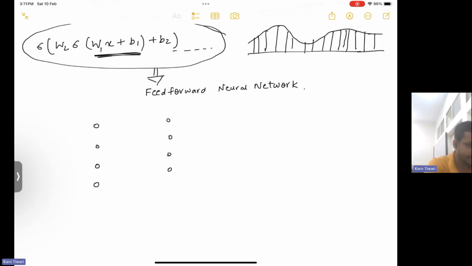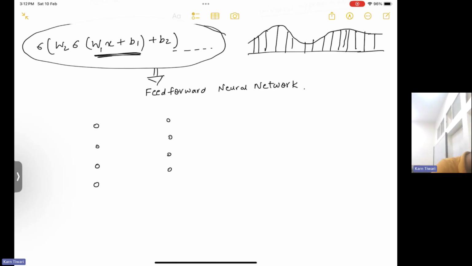We are performing some operation, that is a matrix multiplication. What does matrix multiplication basically do? It can decrease the dimension, it can increase the dimension, or it can mutate our vector, enlarge our vector, or decrease the vector size. These are the operations which a matrix can do when operated on a vector.